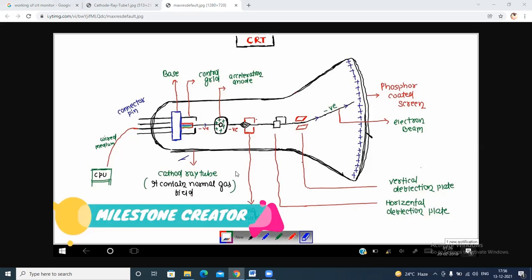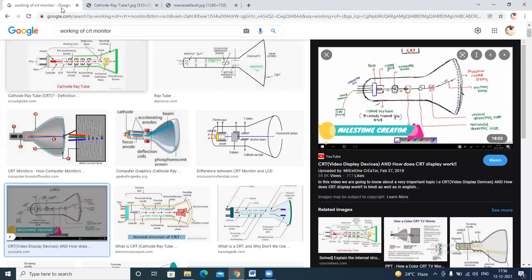It contains normal gas filled. Okay, there is a normal gas field. But in this, we'll see some more graphical.